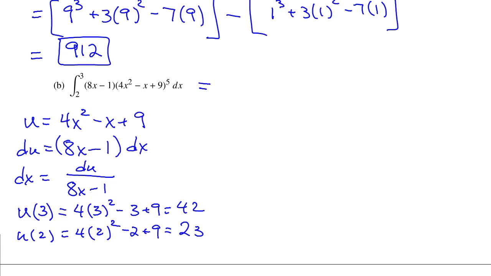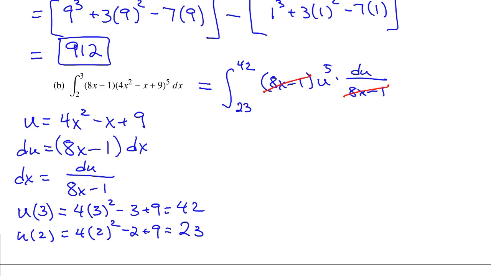So the new integral is the integral from 23 to 42 of 8x minus 1 times u to the 5th times du over 8x minus 1. Well, this one worked out perfectly. 8x minus 1 cancels. And so we have the integral from 23 to 42 of u to the 5th du, which is 1/6 u to the 6th evaluated from 23 to 42.